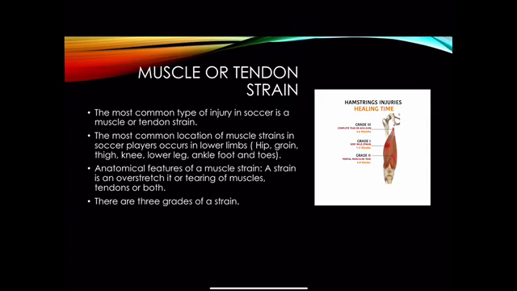Grade 1 is an overextension of the muscle and or tendon, and sometimes slight tearing. Grade 2 is a partial muscular tear that usually takes 4 to 8 weeks to heal. And grade 3 is a complete tear of the tendon or the muscle, which can be incredibly painful.